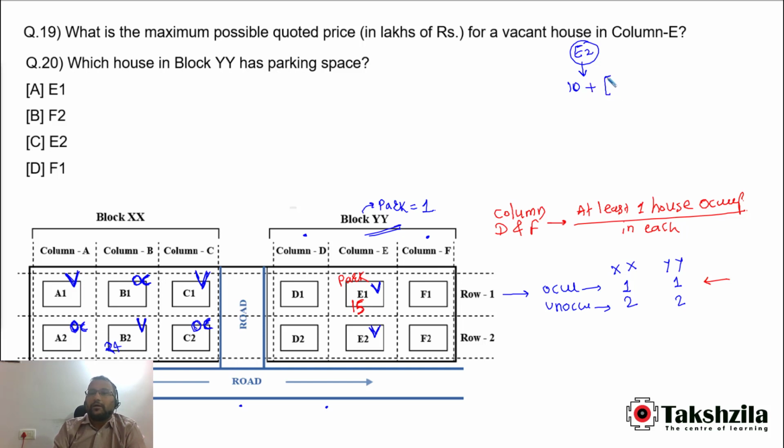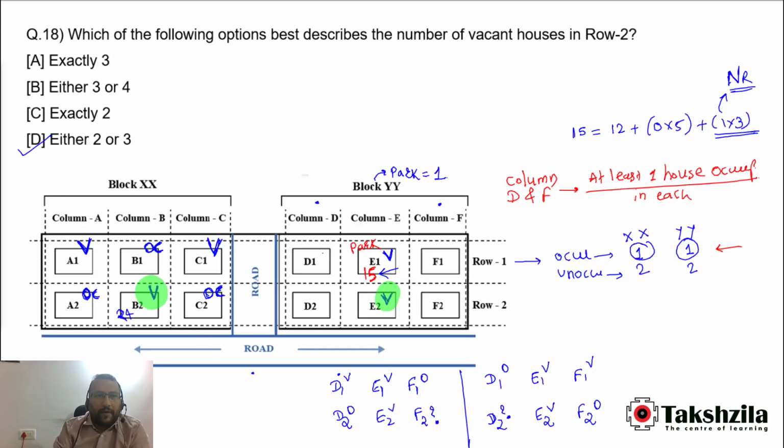Now there is only one road facing over here, so the road adjacency point is 1 over here, and what are the neighbor adjacency points going to be? The maximum number of neighbors that are going to be occupied for the house E2 is going to be how much? Let's look at the calculation we did in the previous question. For E2, F2 is going to be an occupied neighbor, D2 is going to be an occupied neighbor.